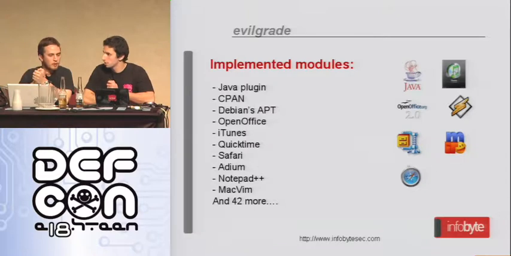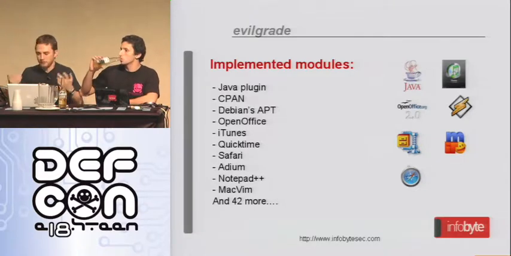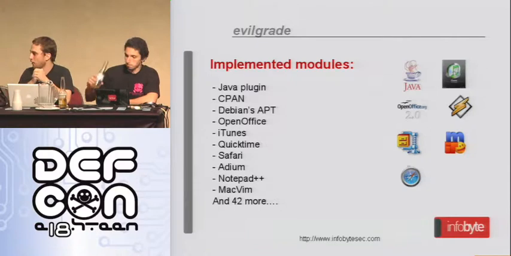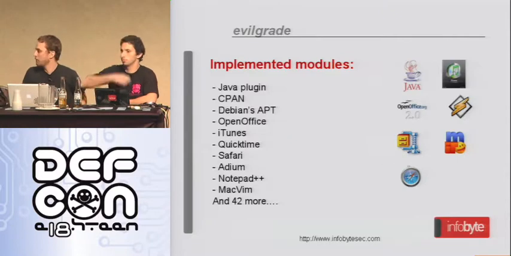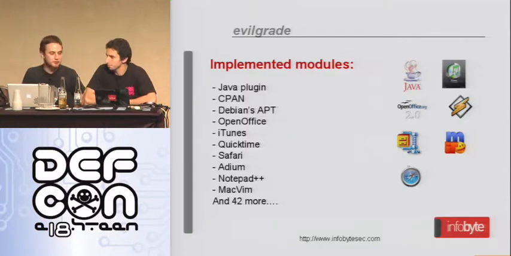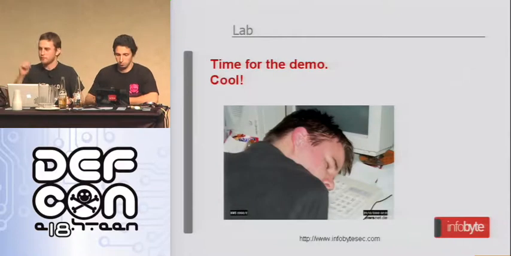I think many of those applications are on your computers, at least on mine. That's why we investigated those. We have a lot of modules that can be used during a penetration test, and doing slides is quite boring, especially for us. So we are going to do some demos.